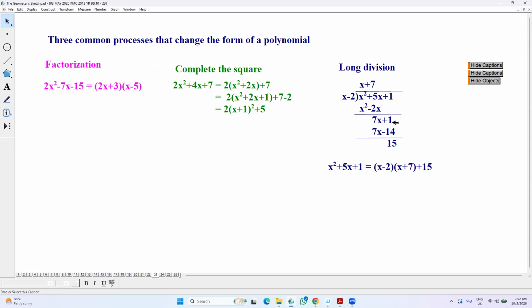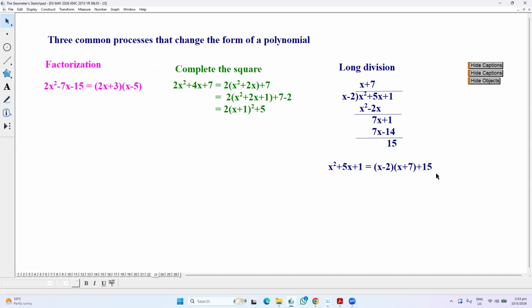Then 1 must be brought down. Then when you see 7x, you must put 7, because here is 7x. And then 7 times 2 is 14. So you subtract, no more x, so 15. So we know x squared plus 5x plus 1 is the divisor times the quotient plus the remainder.